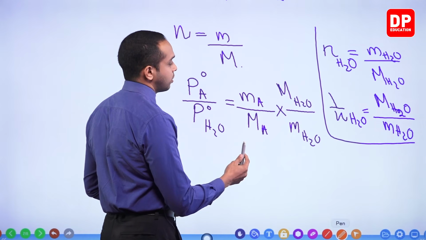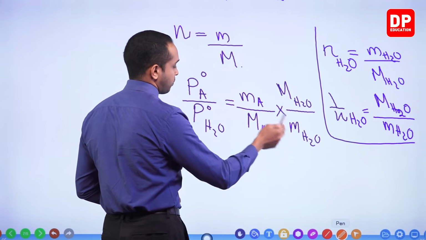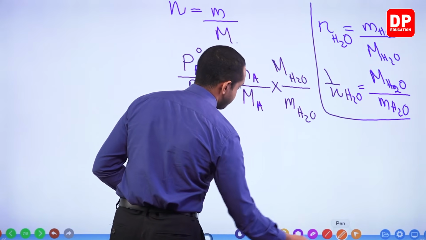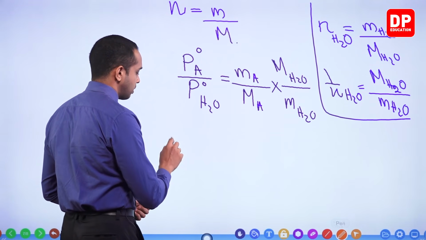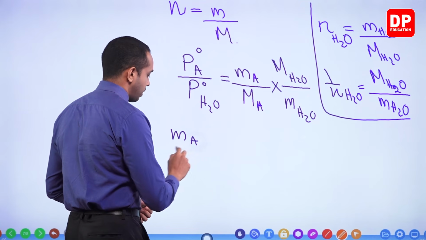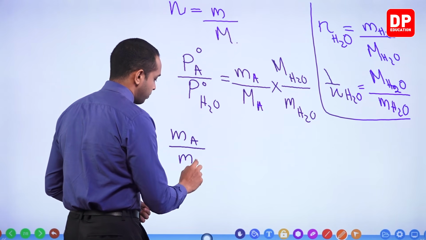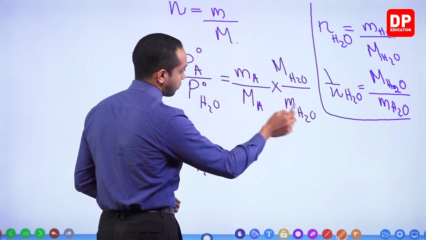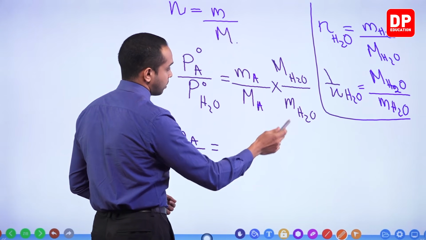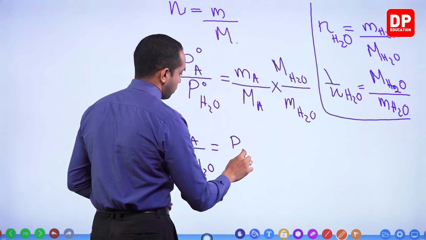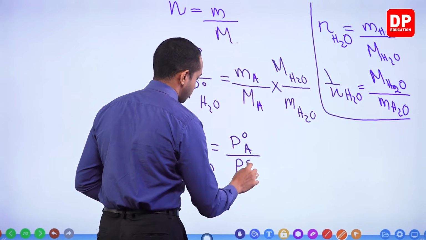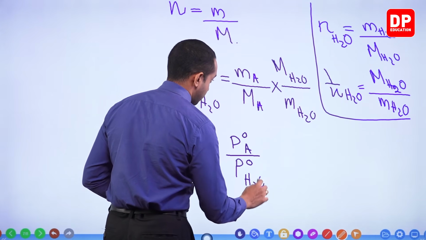Now we need to get to this ratio, so we have to rearrange this equation, and when we do that we can get the ratio between the mass of A and mass of H2O, which is equal to, now that means we are going to only keep these two, P naught A divided by P naught H2O, right?